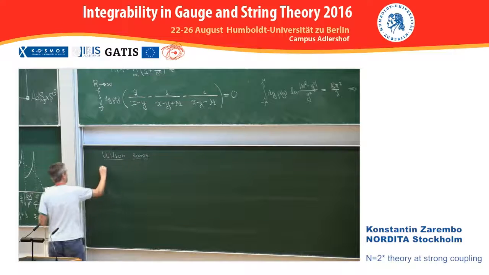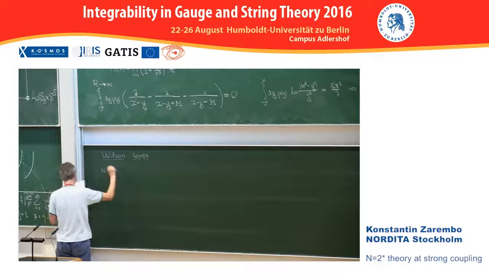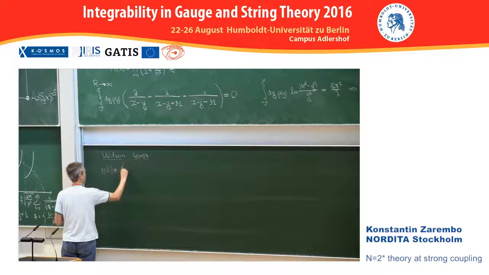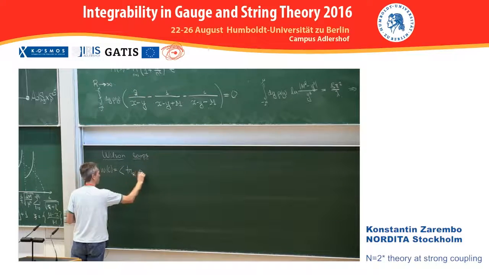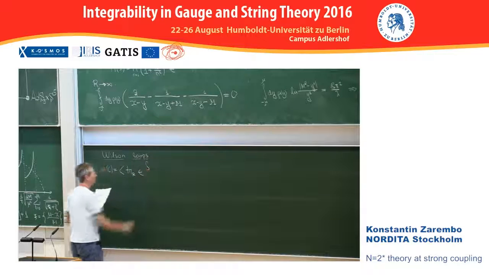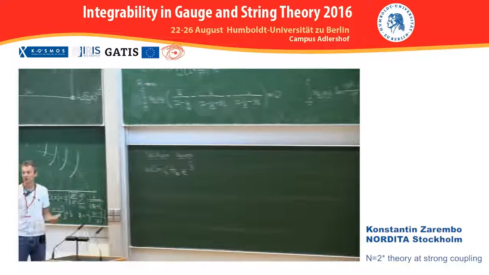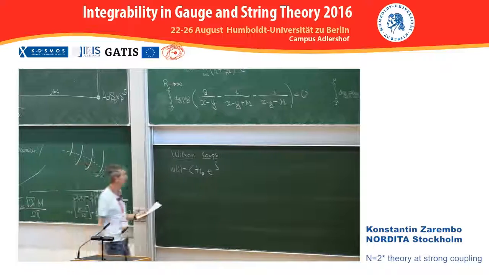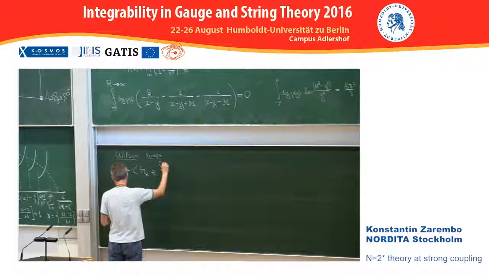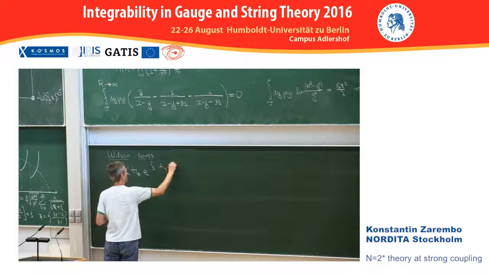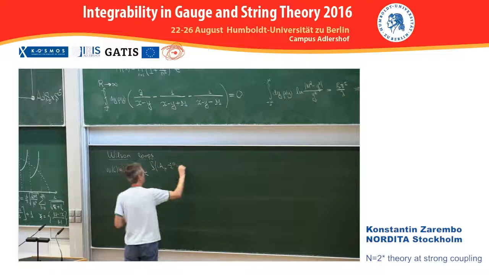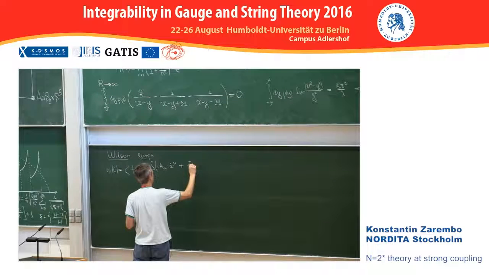So the Wilson loop operator in N=4 super Yang-Mills is defined by adding a scalar field to a gauge connection. So it contains an integral of i A_mu x dot mu, but there is also a term which couples to the scalar field.